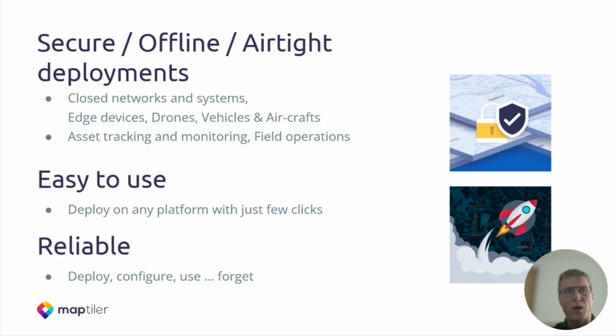And all the time we are doing that with ease of use in mind, because data is hard, tiling data and optimizing for web is hard, so we save your time and your effort by providing the full solution, the data optimized for web and also the serving software. And as we hear from our current customers, it's reliable. You just deploy it, configure, use, and you can forget about it because it just works for months or years. So that's it.